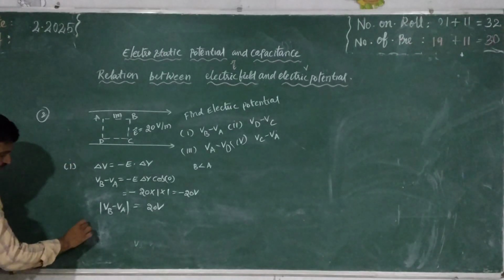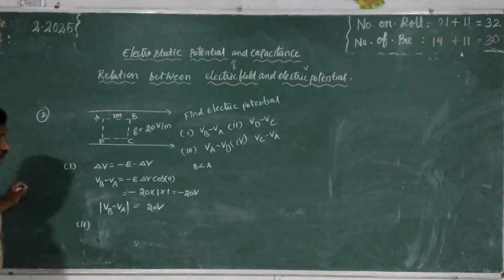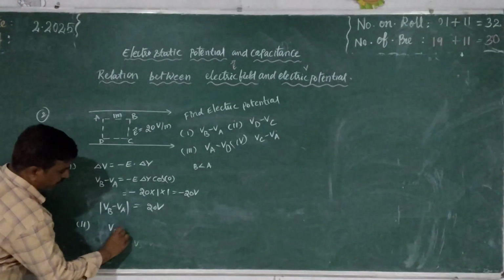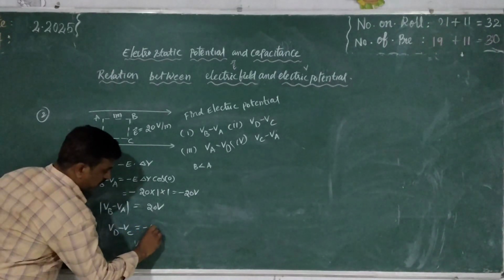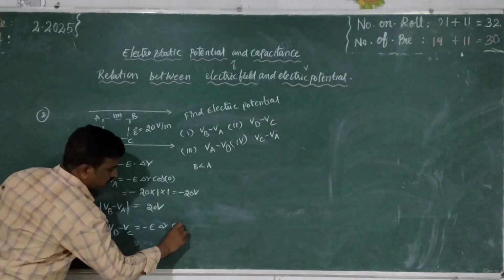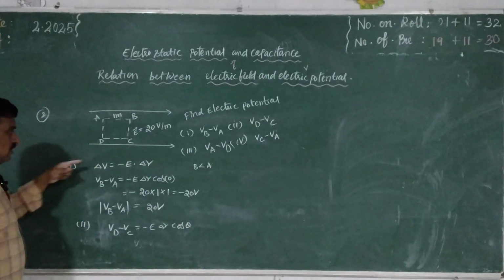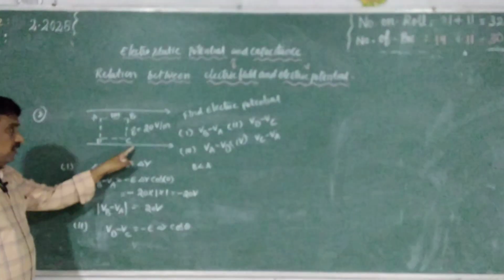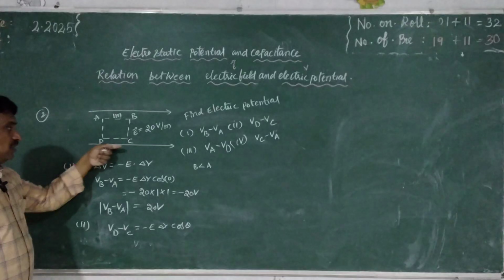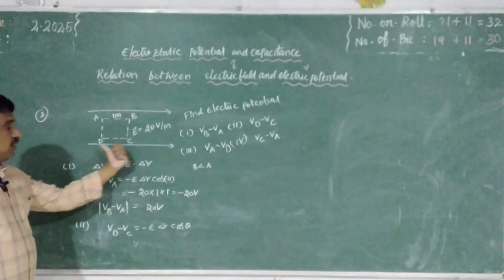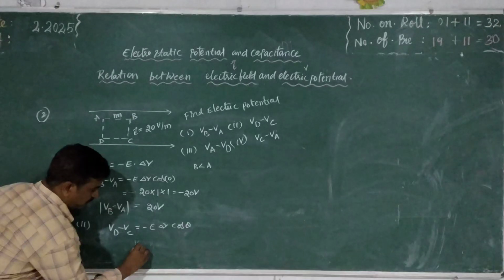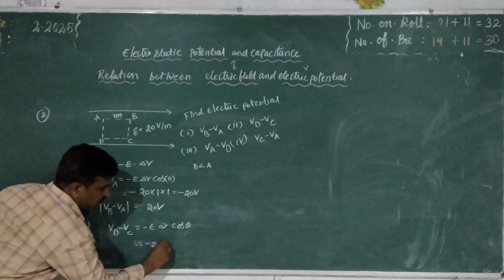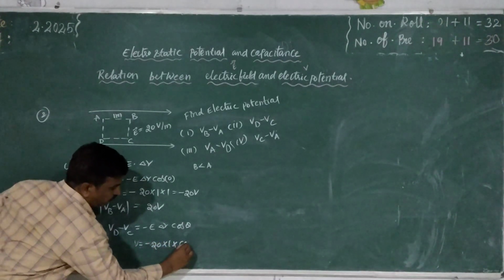Second one is VD minus VC, which is minus E delta R cos theta. Here D is the final point and C is the initial. This is the field direction and this is the displacement, so both are in opposite directions. So we write minus 20 into 1 into cos 180.